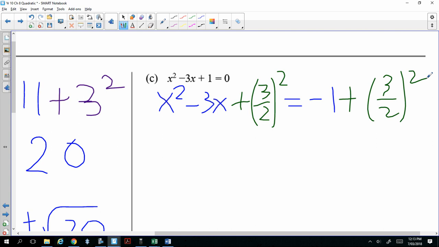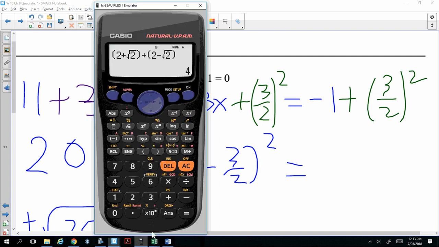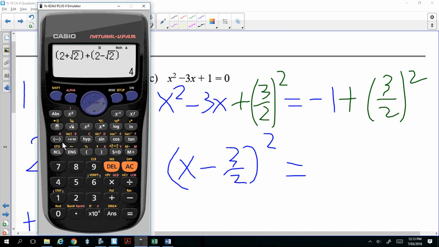Then we write it as a perfect square. What goes inside the perfect square? x minus, because there's a minus there, 3 over 2. Then just calculate this on a calculator. We got negative 1 plus, when you put a fraction make sure you put a bracket, 3 over 2 squared.